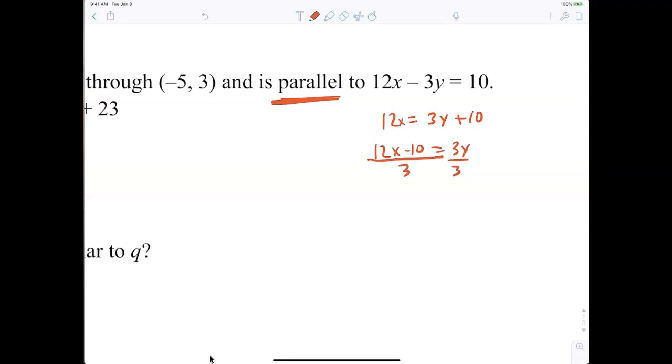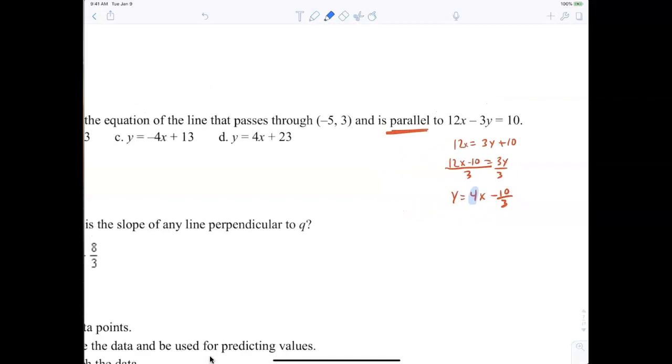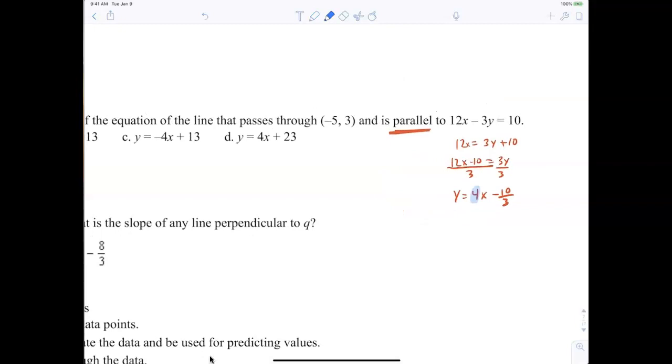Divide by 3, so y equals 4x minus 10 thirds. Notice the 10 thirds has nothing to do with it. We need the slope because parallel lines have equal slopes. So the slope of the parallel line is equal to 4, passing through the point negative 5, 3.